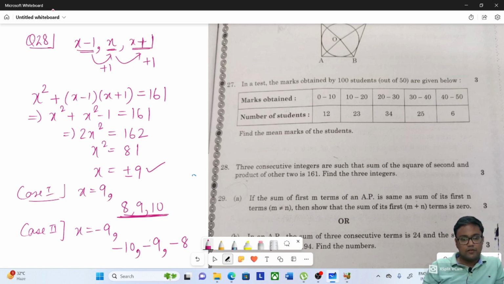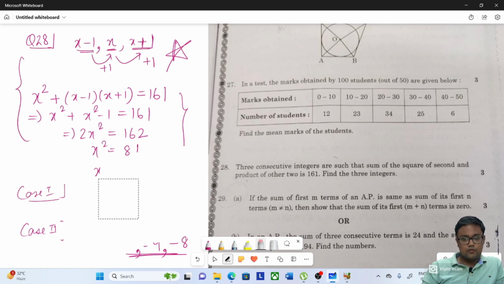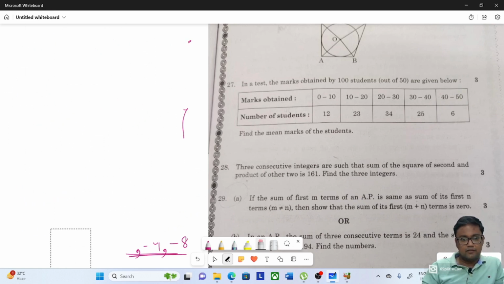So square of the middle one, 81, plus 80, that is 161 again. So both these ways of doing things are correct, but this is much easier because it reduces your labor here, right. Let us do question number 29, part 1, children.